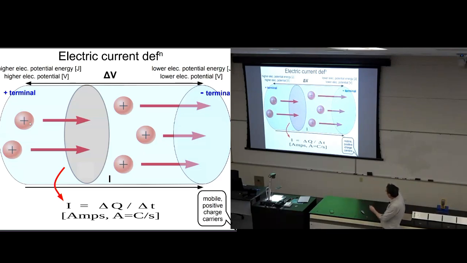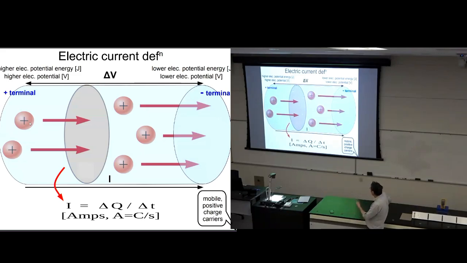If we were watching a video, I wish it was, but it's just a picture, we would see those positive charge carriers streaming like raindrops from left to right as they roll down the potential hill, as they move from higher electrical energy to lower electrical energy.